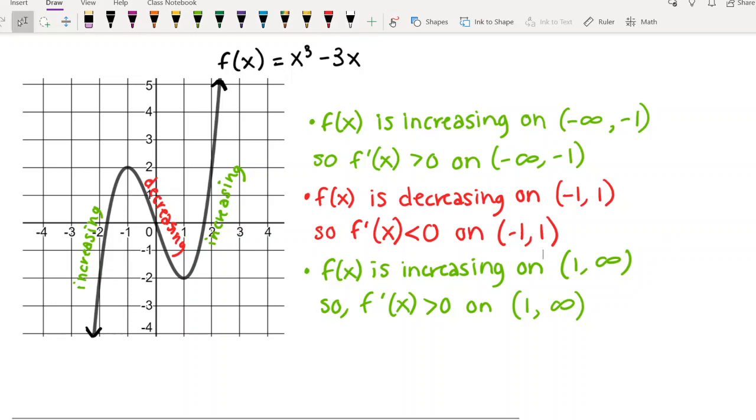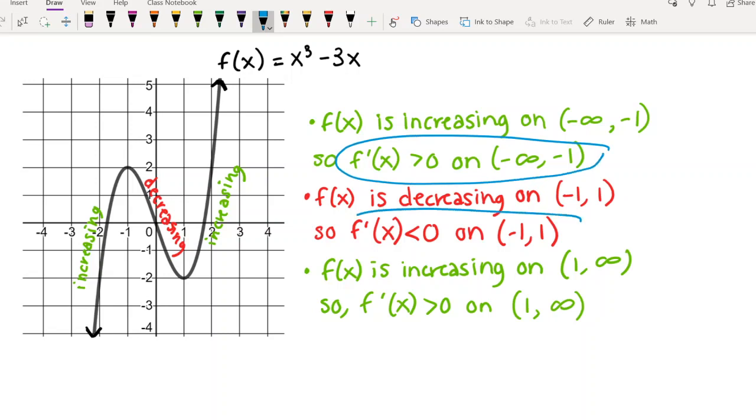So I just want to do a quick little side-by-side with the derivative. One point I really want to emphasize here is that we can say all these facts about the derivative without ever looking at the graph of the derivative. We can make those statements just based on how f of x is behaving.